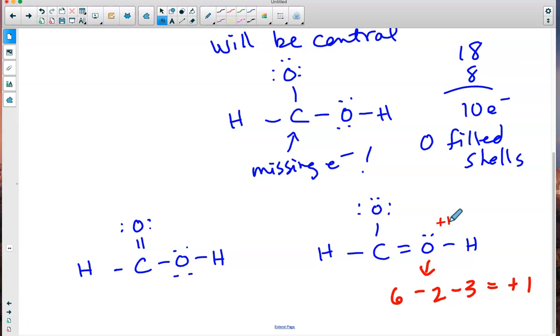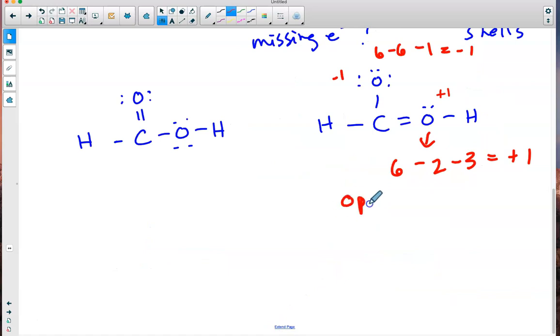We also end up having on the upper oxygen, it's got 6 minus 6 minus 1 bond, so it's got a -1 charge. And that's better because an electronegative element like oxygen would prefer to have a negative formal charge, but our opposite formal charges are not on adjacent atoms.